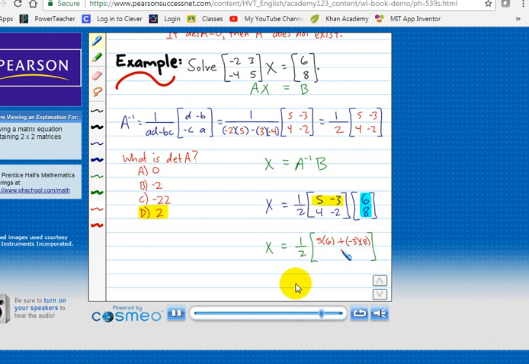That'll give us the element in the first row, first column of our product matrix. For the element in row 2, column 1, we need to multiply the elements in row 2 of the 2 by 2 matrix times the elements in the column of the 2 by 1 matrix. So we need to multiply 4 times 6 and add negative 2 times 8.